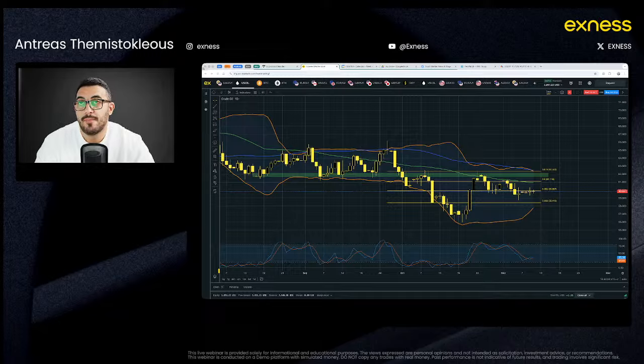So it's an important piece of data that we need to monitor if we're trading those instruments. The previous figure is 6.5%, and the expectations are for a whole percentage point decline. If that's confirmed, then we might get some pressure on the production related instruments, as we mentioned, like crude oil, copper, and silver.